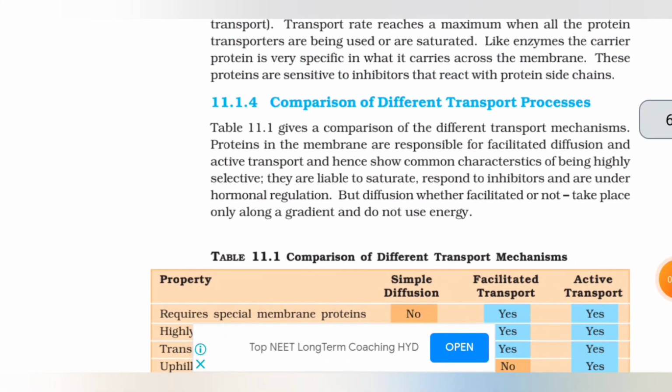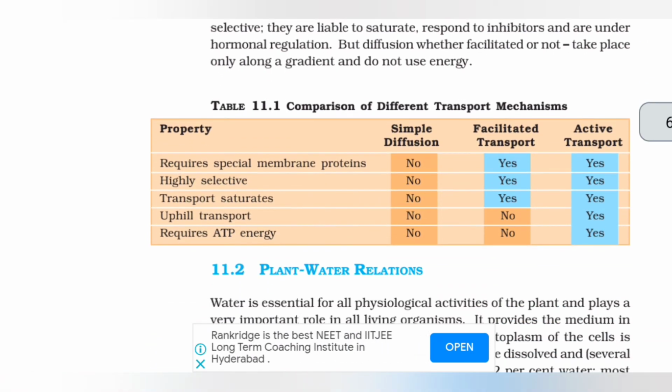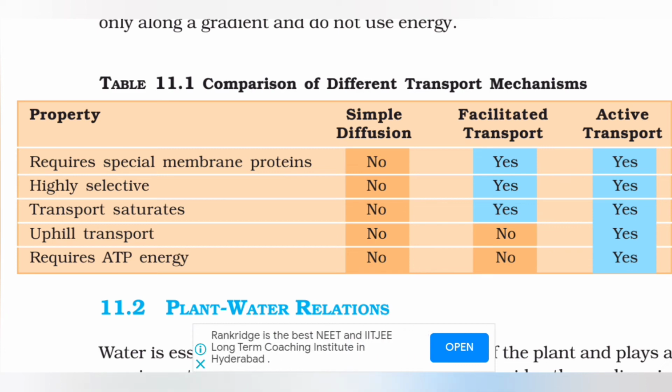Now you can see the comparison of the different transport processes we have learned till now. There is a table given here, comparing the different transport mechanisms. This is based on the proteins present in the membrane that are responsible for facilitated diffusion or active transport.